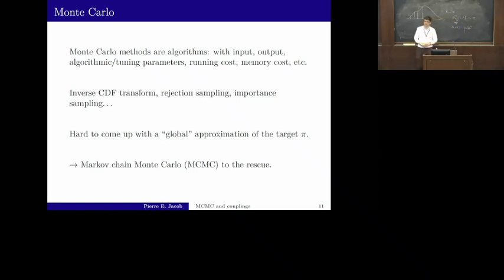So we're going to assume that we are given a pointwise evaluator of the PDF. And what we want is to use that pointwise evaluator in an algorithm somehow and obtain samples. Okay? But it could be different. For example, there are algorithms that operate with only access to pointwise estimators of pi of x.